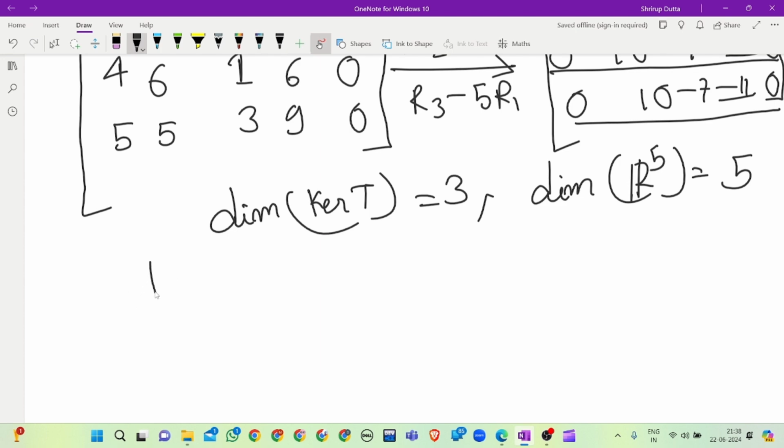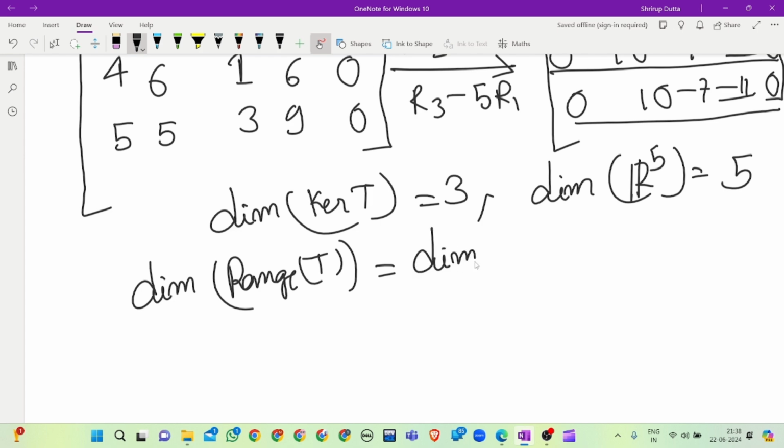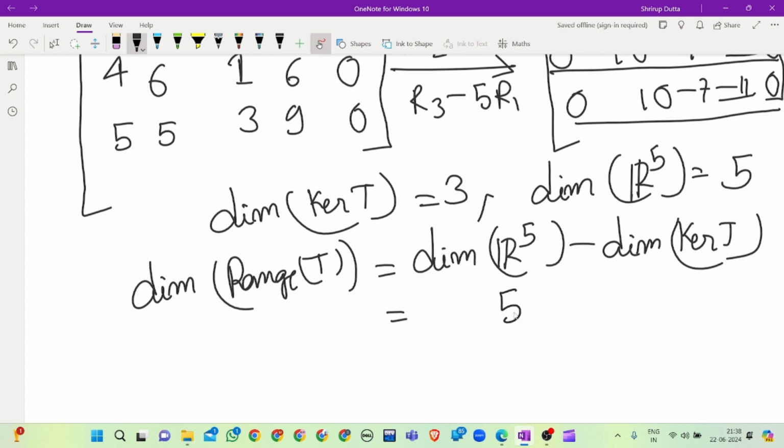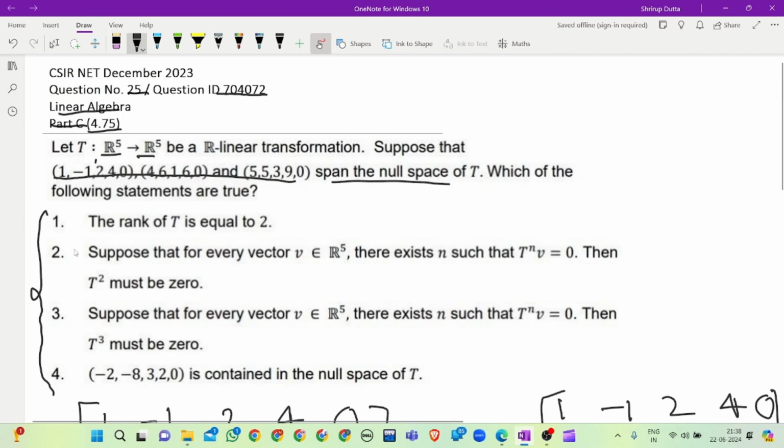So the dimension of the range of T, or rank of T, by Sylvester's law will be the dimension of the vector space minus the dimension of its kernel, which is 5 minus 3, equal to 2. So option 1 is true.